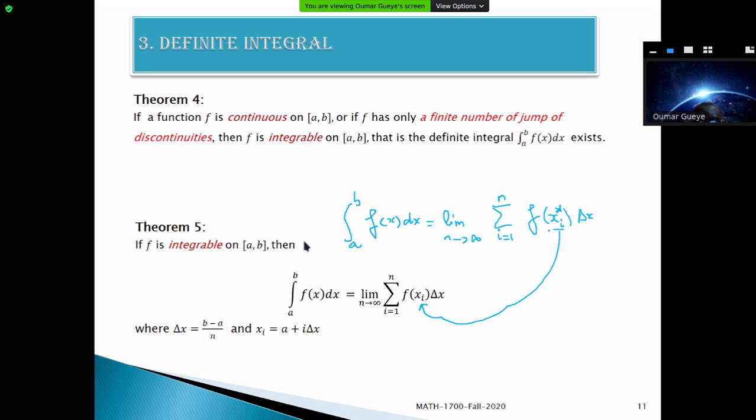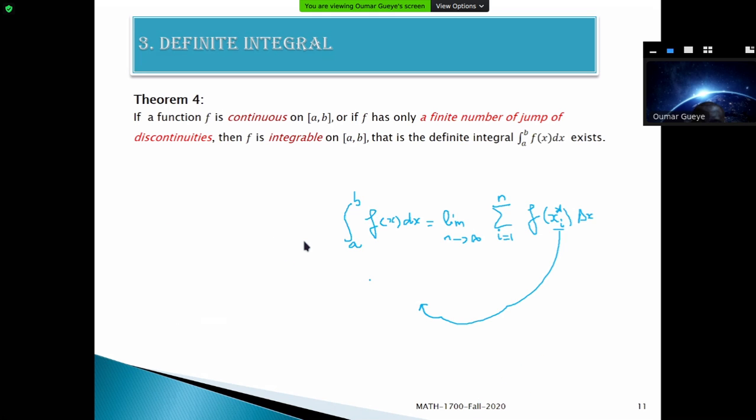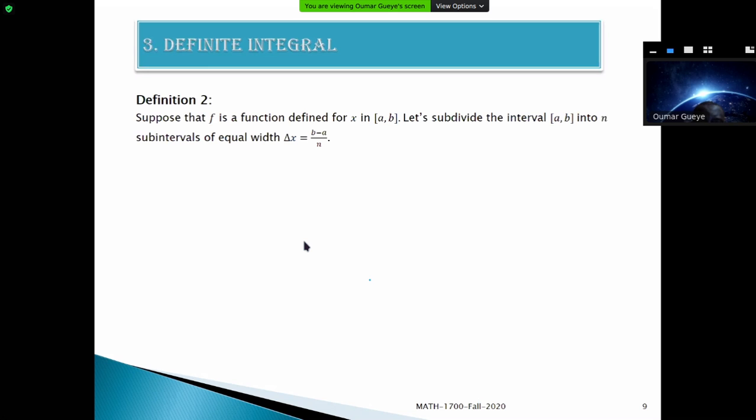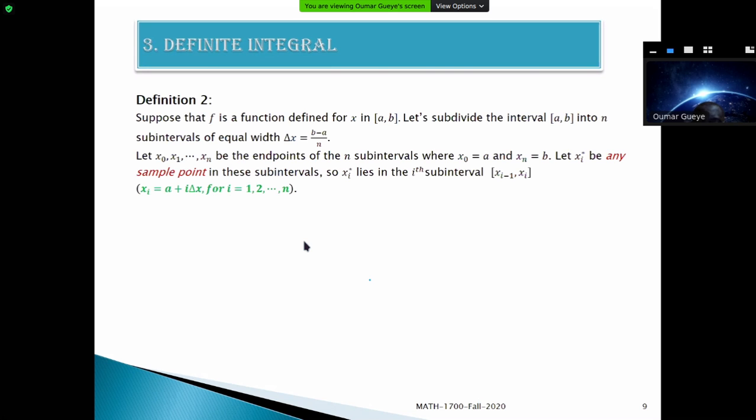The reason is that the definition says, if you want to calculate this, you can pick your xi star from this interval. Back to our definition, you guys can see here where the xi star is from.